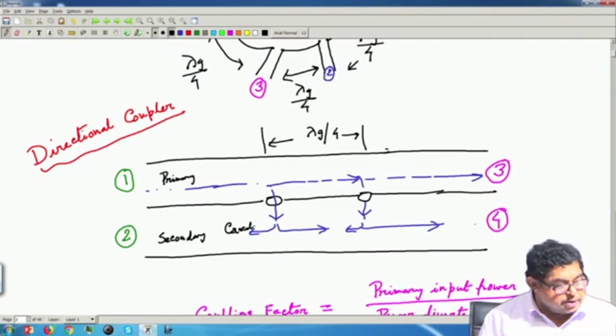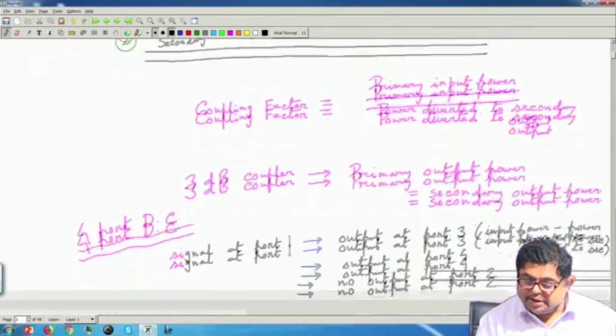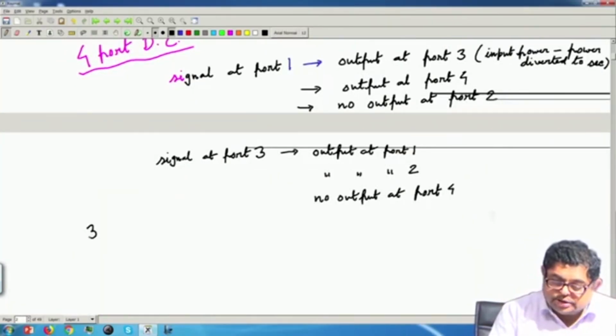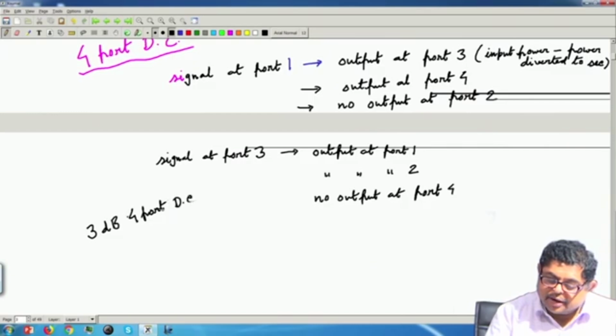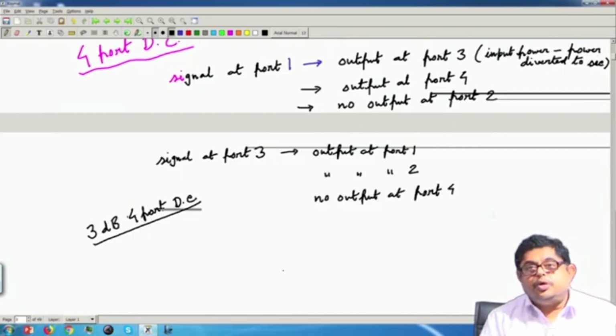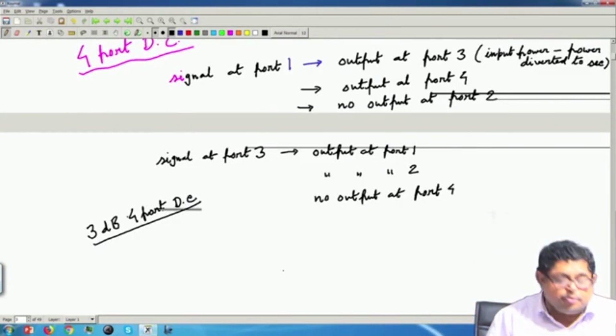So, now for the 3 dB coupler, we will write this quantitatively. I said that we require a 3 dB, 4 port directional coupler, and you know when all the ports are match terminated, that means there is no reflected power from the ports, after going to the output it is getting extracted.